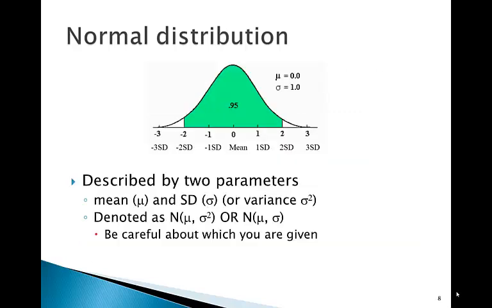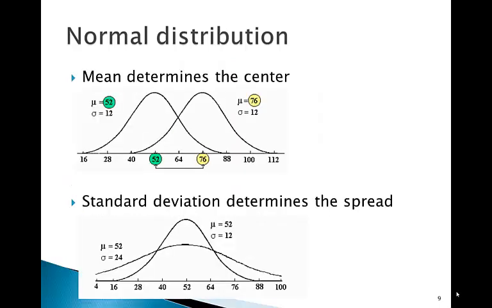The normal distribution, again, is described by two parameters, the population mean, mu, and the population standard deviation, represented by the Greek letter sigma. You can also use variance, which, if you recall, is just the squared standard deviation. The mean tells us where the center of the distribution is along the number line. So if you just imagine a number line from negative infinity to positive infinity, the mean tells you where the center of this particular distribution is.